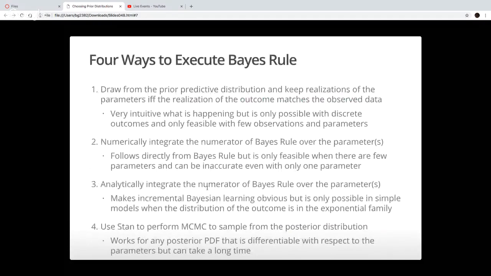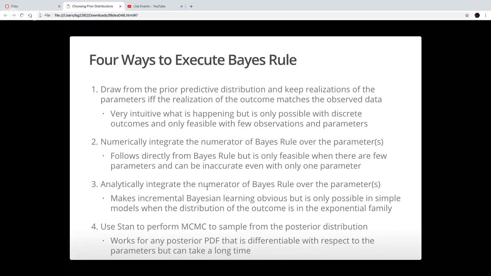Okay, so we've seen 3 out of 4 ways of executing Bayes' rule. First, you can draw from the prior predictive distribution, which is to say draw a realization from the prior, stick that realization from the prior into the conditional distribution where you draw a prediction for the data.